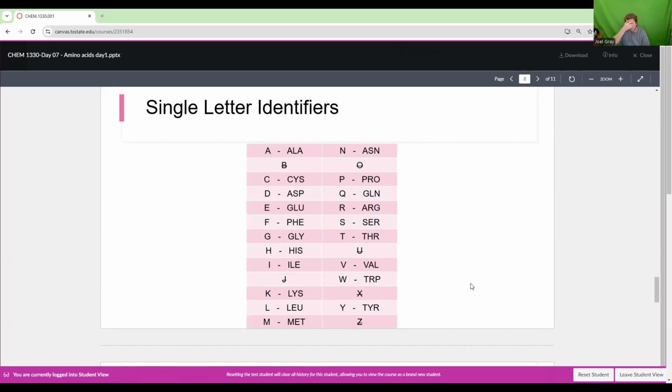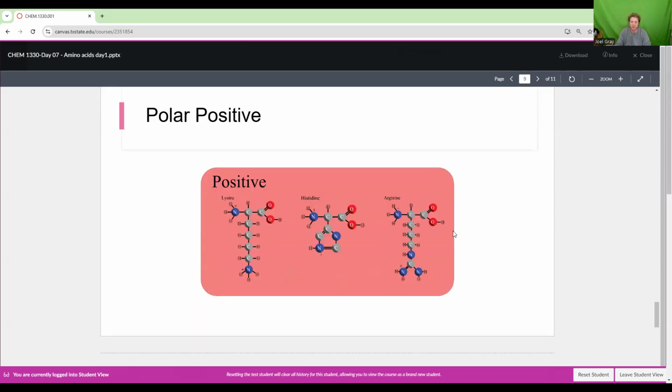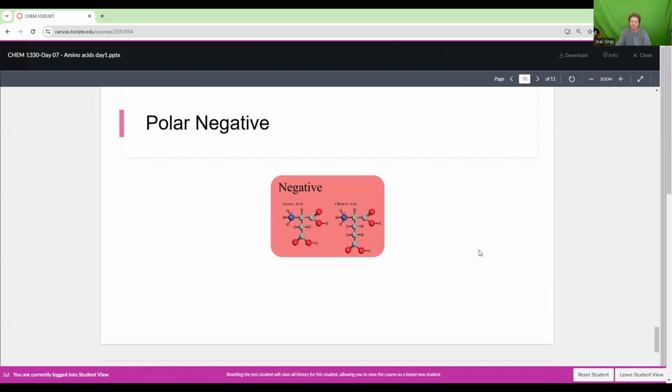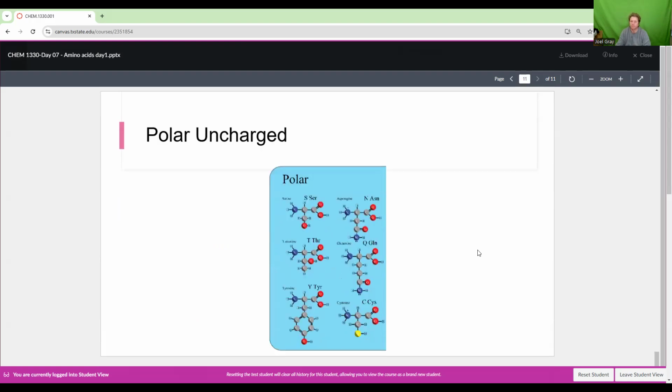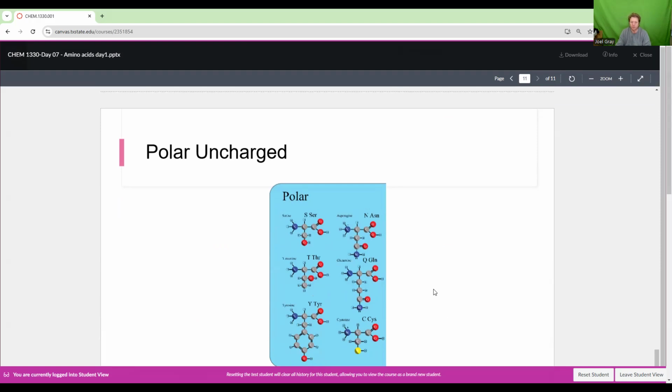I put this together like this because I like to say, okay, well, I know the 26 letters of the English alphabet, and 6 of them are not used whenever I'm assigning single letters to my proteinogenic amino acids. So there we go. Now, after that, I've got the amino acids organized into your positive, negative, and uncharged groupings. Okay. That was basically day one of amino acids.